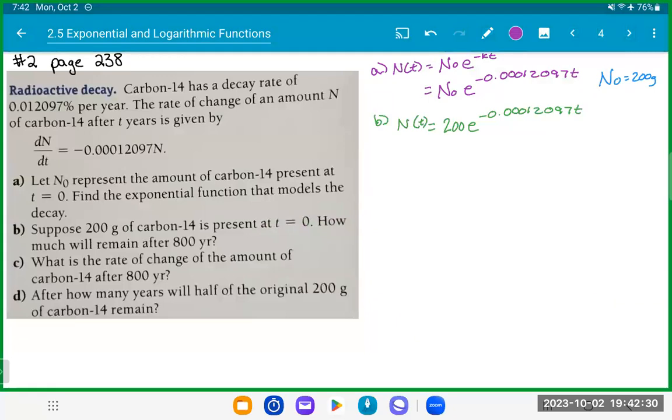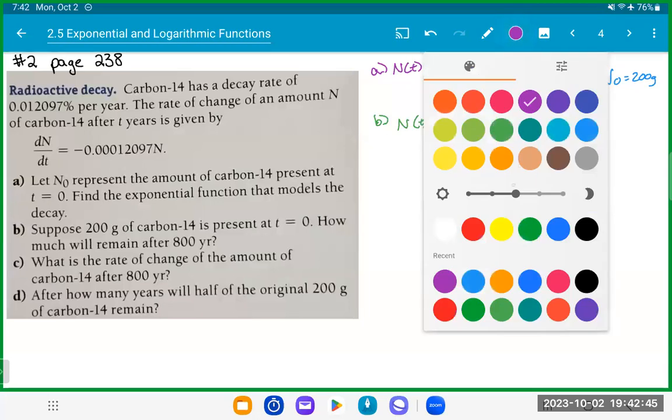Now part B was we wanted to know how much will remain after 800 years.